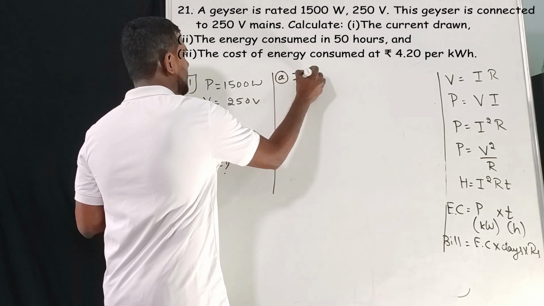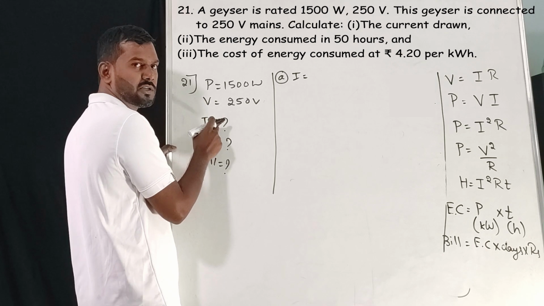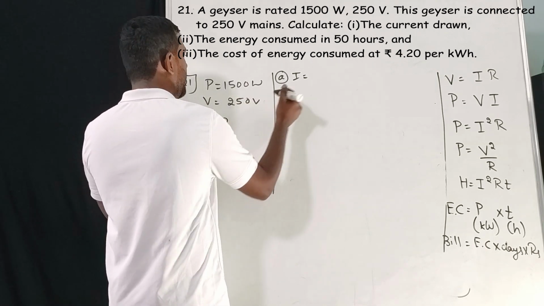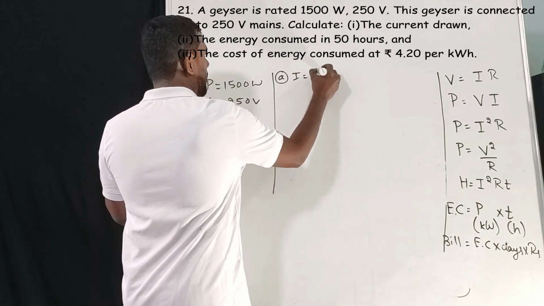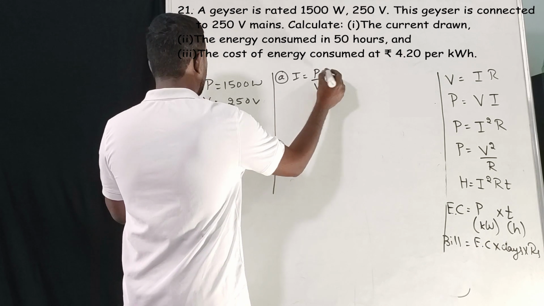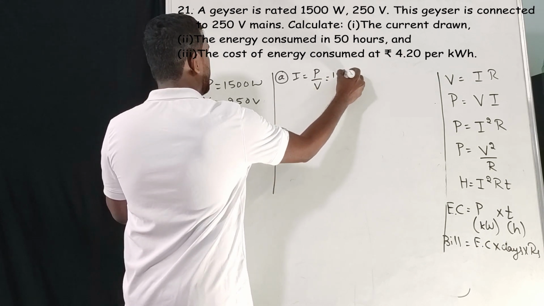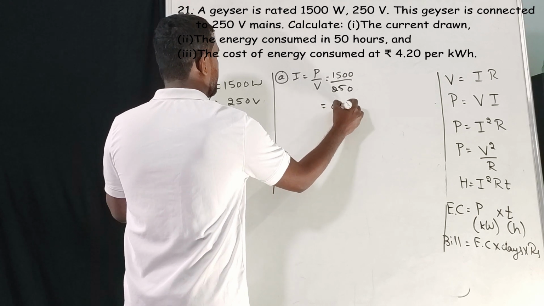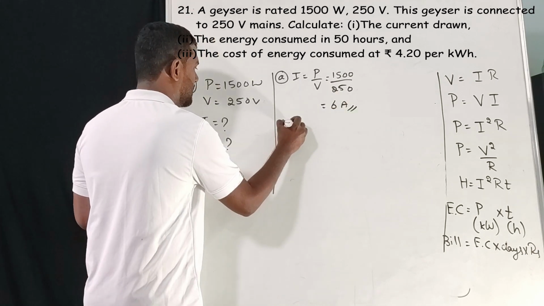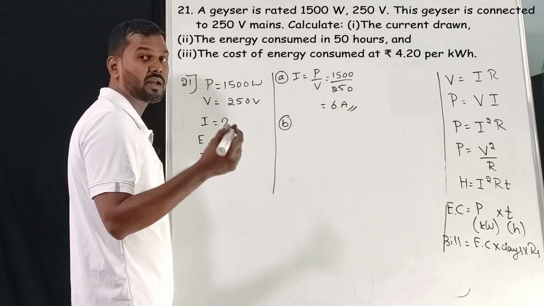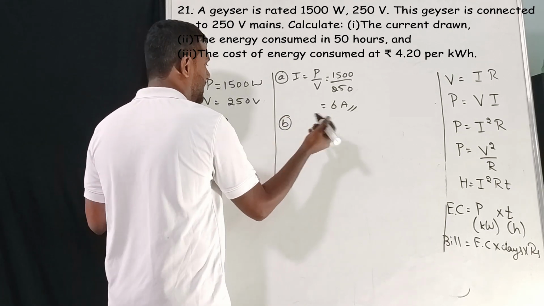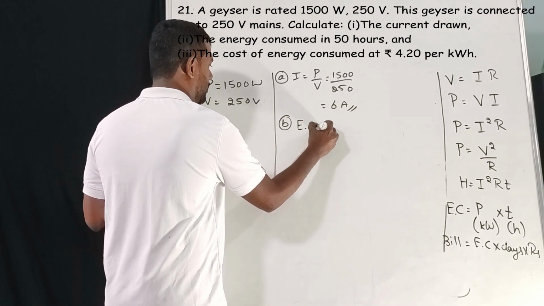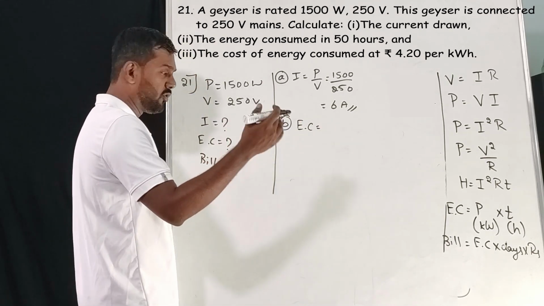First sub question, I is equal to, see, using power and voltage we can easily find I, right? I is equal to power by voltage. Power is 1500 divided by 250, so the answer will be 6 amperes. Next, second sub question, we have to find the electrical energy consumption. Energy consumption, EC is equal to, see, in the exam you write it in full form.